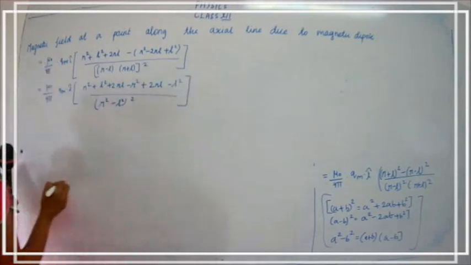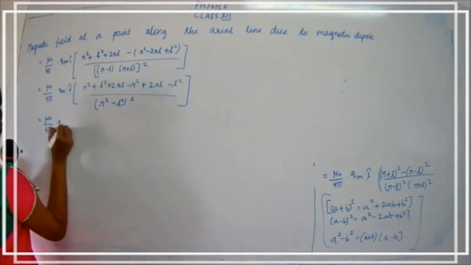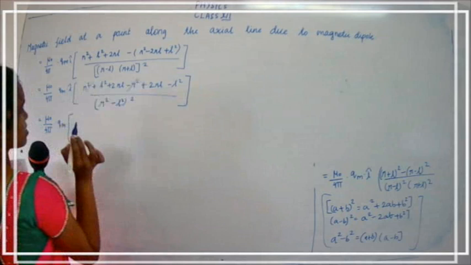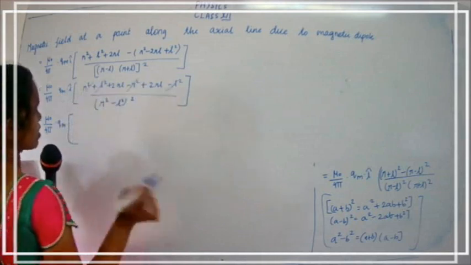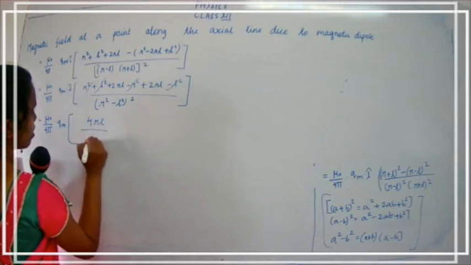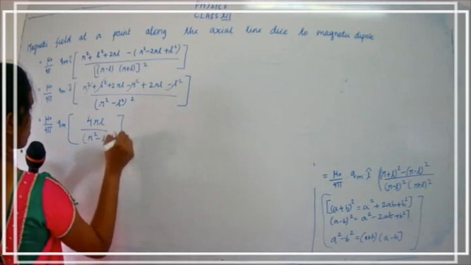Now, mu naught by 4 pi Qm. r square minus r square gets cancelled, L square minus L square gets cancelled, leaving 4rL by r square minus L square the whole square.